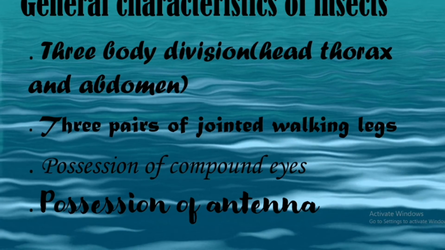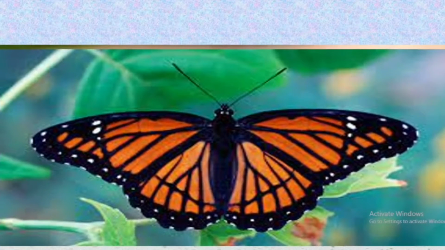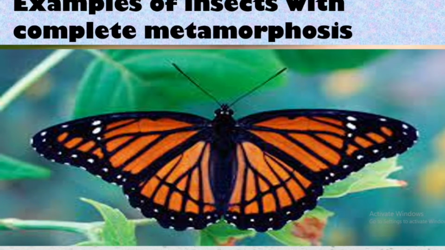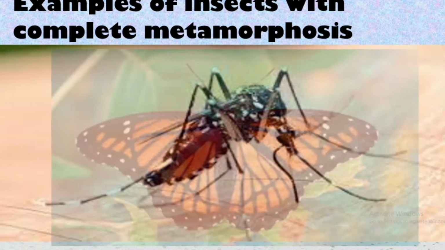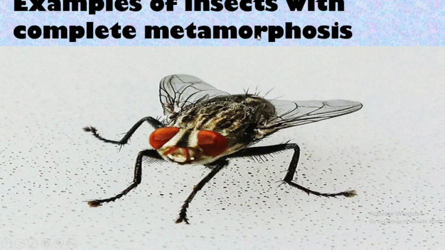That's correct. Now let's look at some examples of organisms that carry out complete metamorphosis. What do you see on the screen? Butterfly. And the next one, what do you see? Mosquito. These are examples of organisms that carry out complete metamorphosis.